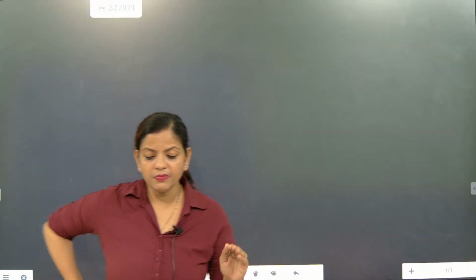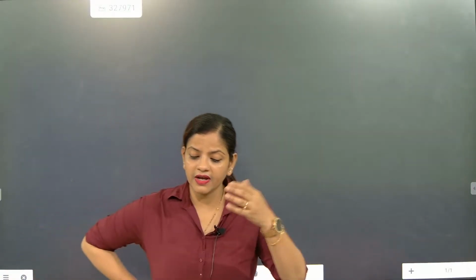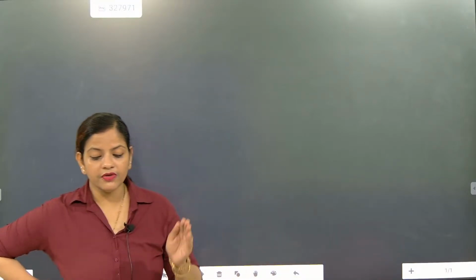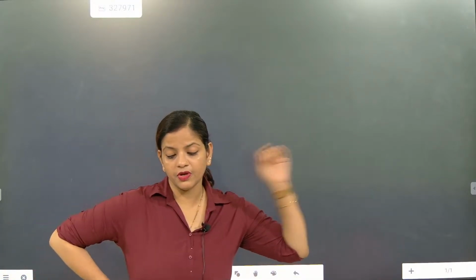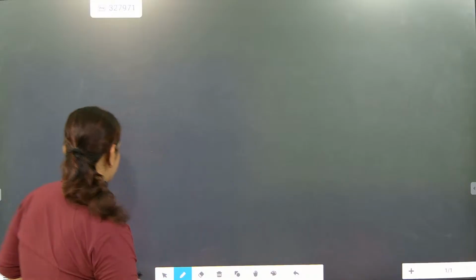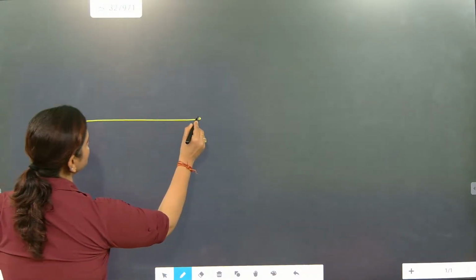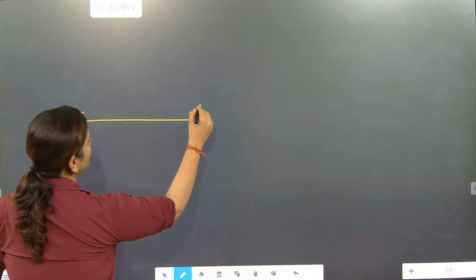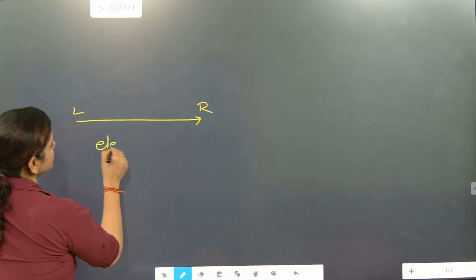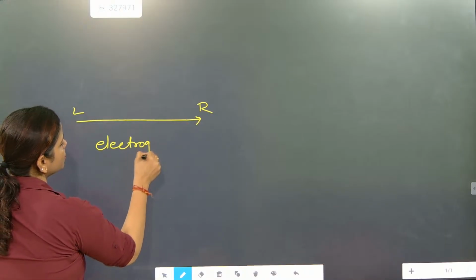Now, beta, in crisscross, you must understand that some people write the more electronegative and the less electronegative elements in the wrong order. On going from left to right in the periodic table, electronegativity increases.